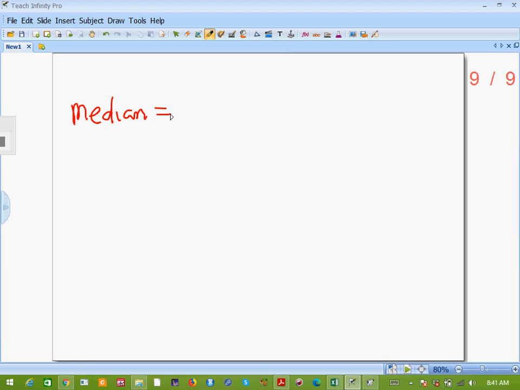So therefore, our L is 40. Frequency of the median class is 15. Cumulative frequency before the median class is 24.